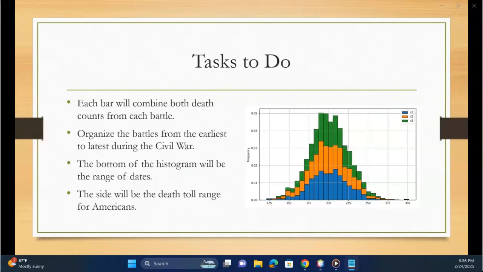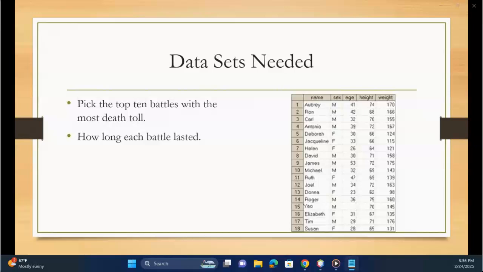And the sidebar on the left side is going to cover the death toll range for Americans, and it's going to be probably around the millions or more as the highest.